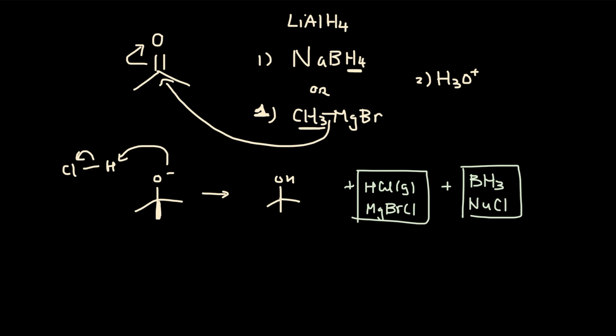We flame dry everything for Grignard reactions so that the Grignard reagent does not decompose. And to prevent moisture from getting into the reactions, we place a calcium chloride drying tube on the top of the addition funnel, so that our Grignard reagent doesn't decompose under moisture.